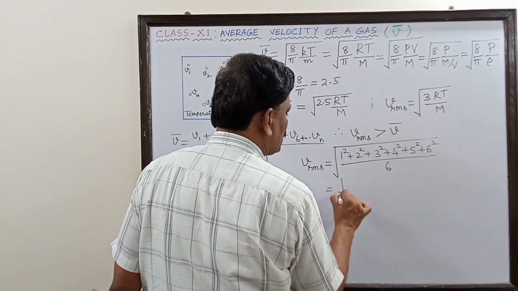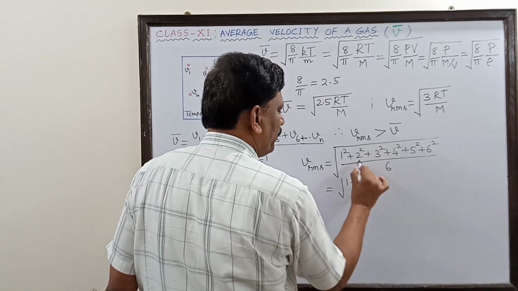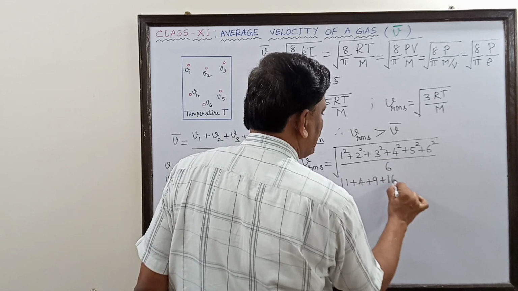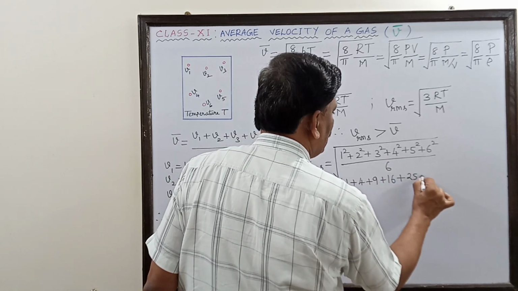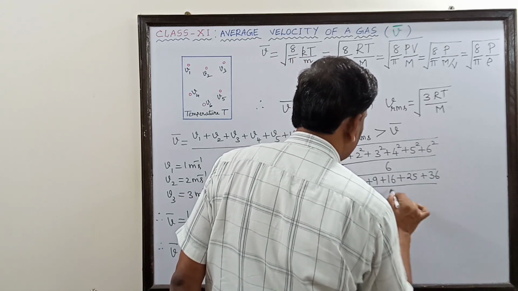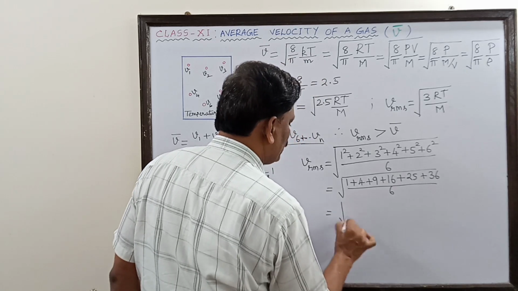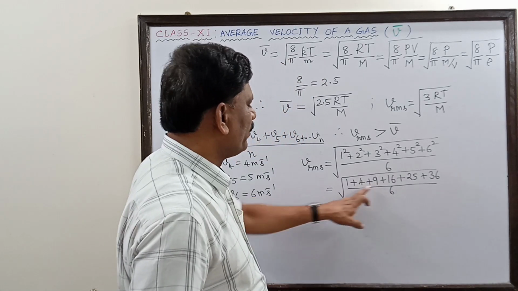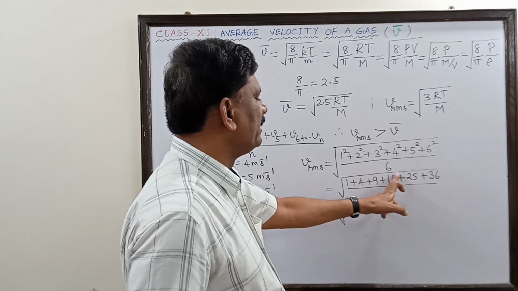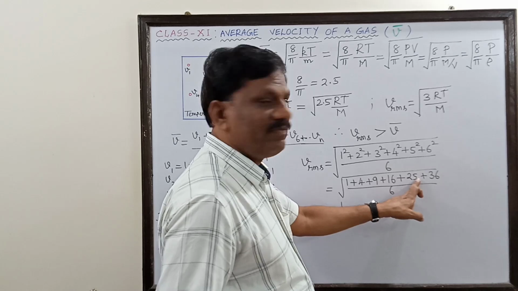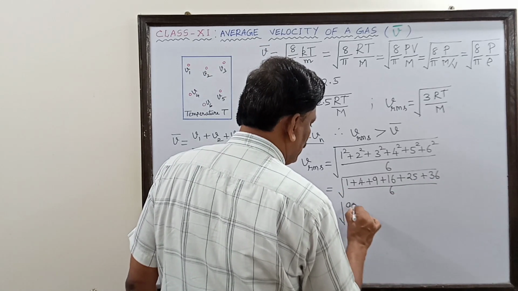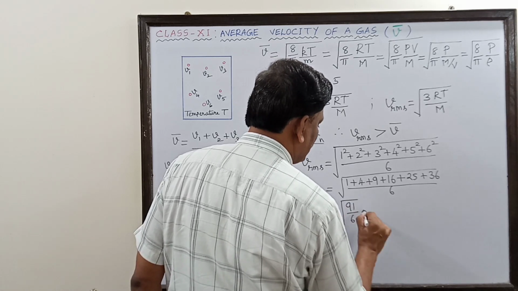So this is equal to square root of 1 plus 4 plus 9 plus 16 plus 25 plus 36, whole divided by 6. 9 plus 1 is 10, 16 plus 4 is 20, 20 plus 10 is 30, 30 plus 25 is 55, plus 36 is 91. So this is square root of 91 divided by 6.